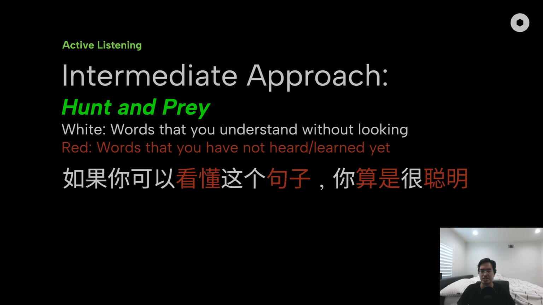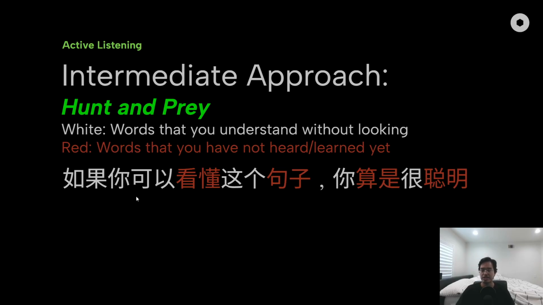The intermediate approach is what I call the hunt and pray. Basically, your hearing comprehension is decent enough that you can recognize certain words, but there are a few words you don't know.